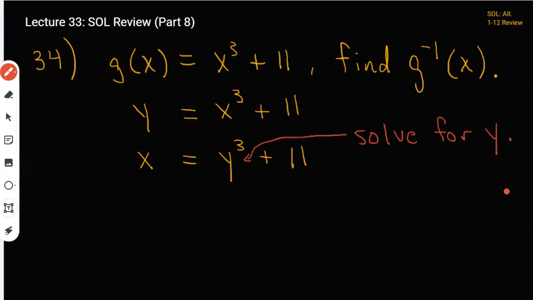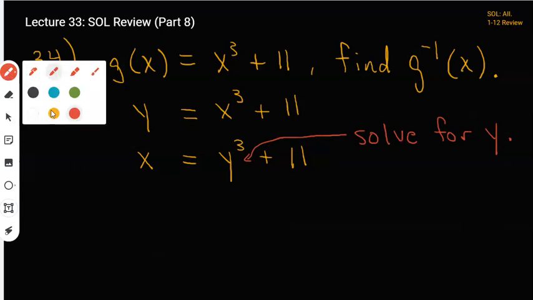So what that means is I want to get y by itself on the right side. So that means I need to get rid of two things. I need to get rid of the plus 11 and the 3. How can I get rid of a plus 11? What can I do to both sides to get rid of that? What can I subtract from both sides?